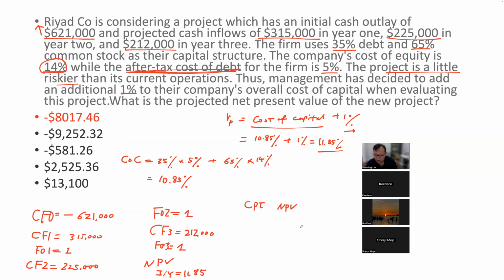That's probably the reason. If you enter the CF0 as negative 621,000, you should get a negative $8,017.46. I think you're pretty close, Cheryl.